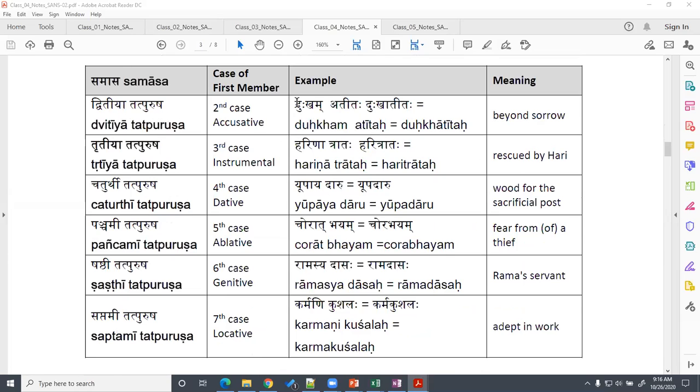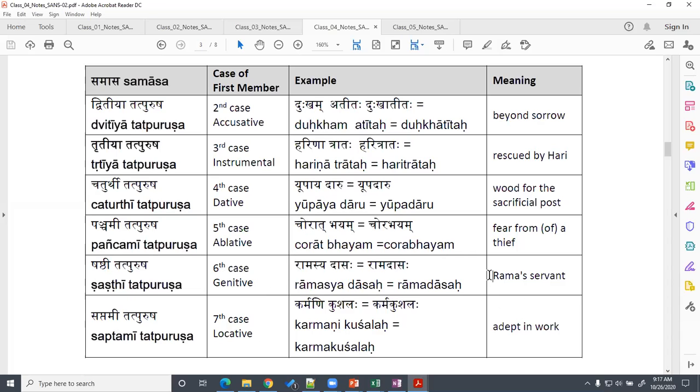So for example, Dvitiya Tatpurusha, where the second case is used, like Dukham Atitah, Dukhatitah, beyond sorrow. Then Tritiya Tatpurusha, Harina Tratah, Haritratah, rescued by Hari. Out of all these Tatpurusha, the Shashthi Tatpurusha, the sixth case, is the most common.